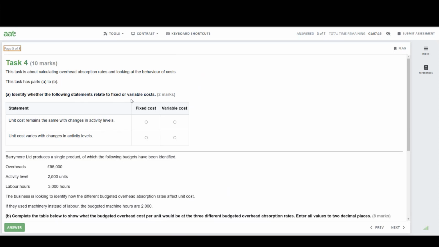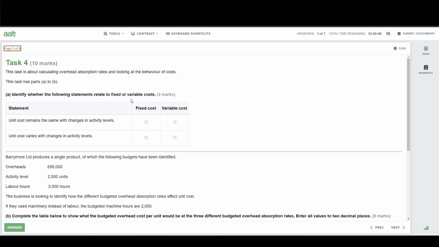I know it's saying that it stays the same, but remember it's talking about unit cost here. Think back to the example that we've used in the webinars of a bakery producing a loaf of bread. Each loaf of bread takes 1 kilo of flour. Let's say that kilo of flour costs £1. The next loaf of bread that you make will also use 1 kilo of flour costing £1.